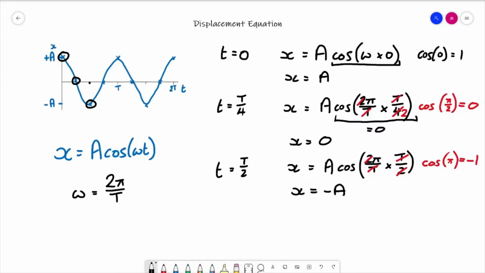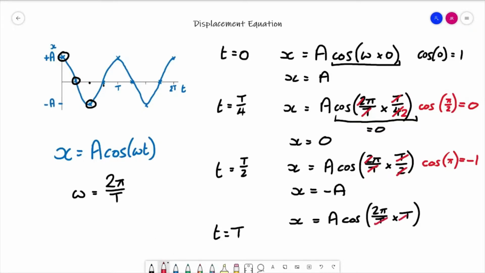If we just do one more, I won't bother doing 3/4 T because it's going to end up the same as T over 4. Let's do it after one complete oscillation, so after one time period. So x is equal to A cos of omega, 2 pi over T, multiplied by t, one time period.